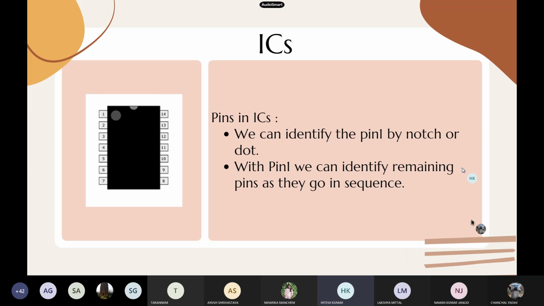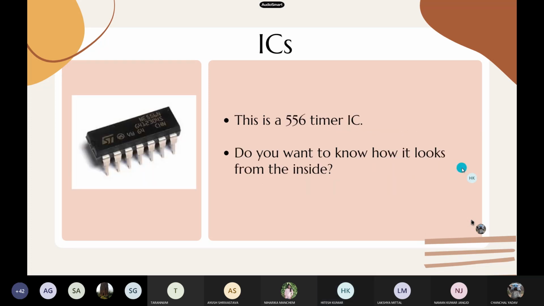Now next. So this is a basic IC that is used in our circuits. You can find the number of the IC printed on it. There is written NE556N. So this is a 556 dual timer IC.